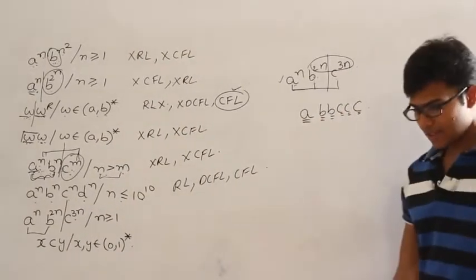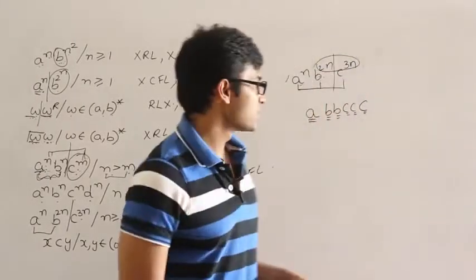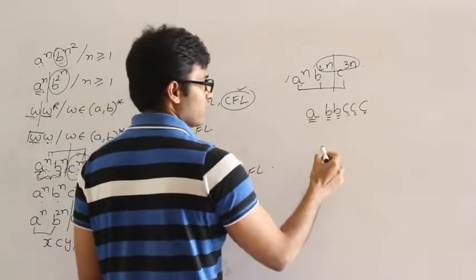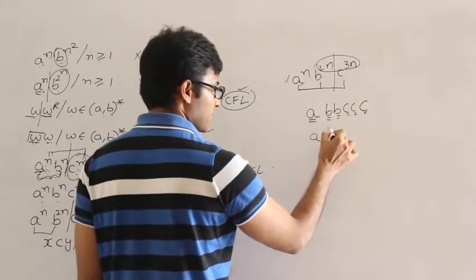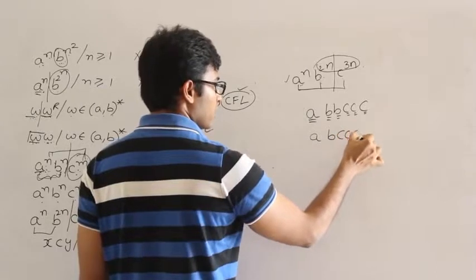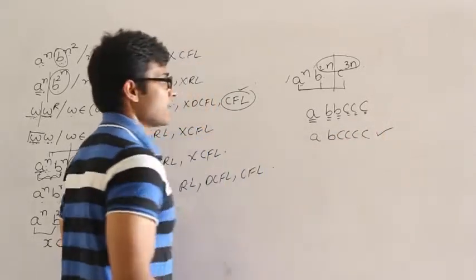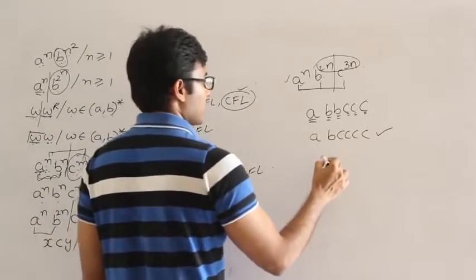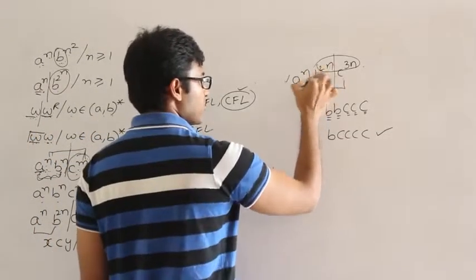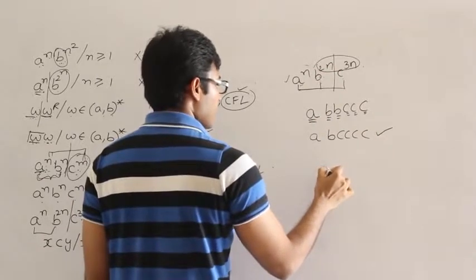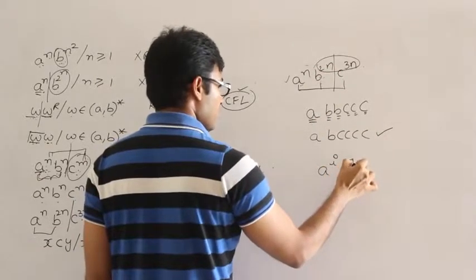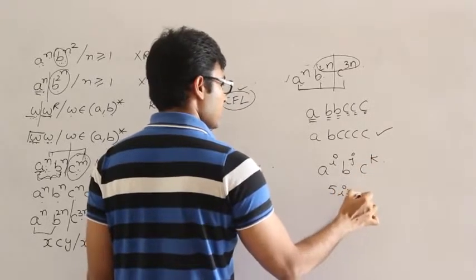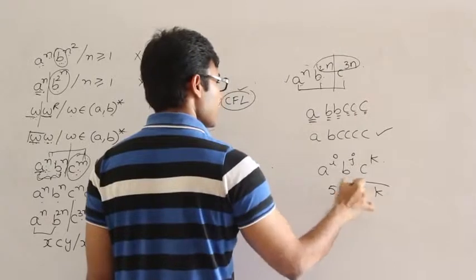The flaw in that logic is this. For every a you will push 5 a's, fine. Then that is going to accept a, b, c, c, c, c, this will also be accepted, isn't it? So it is nothing but, if you push 5 a's, it is as good as a^i b^j c^k in such a way that 5i equals j plus k. That will become the language.